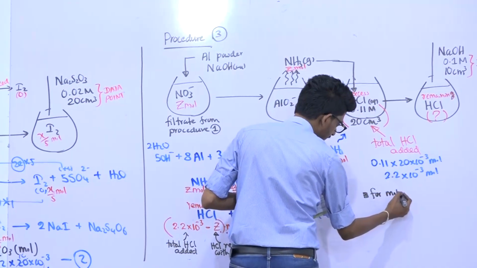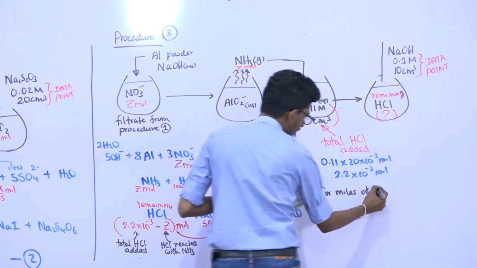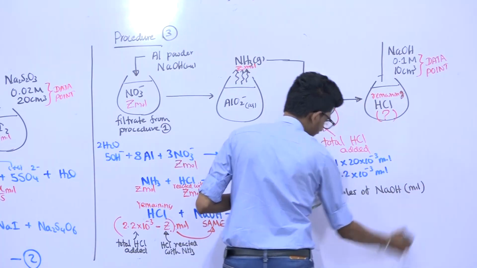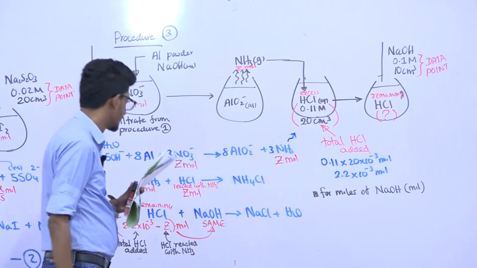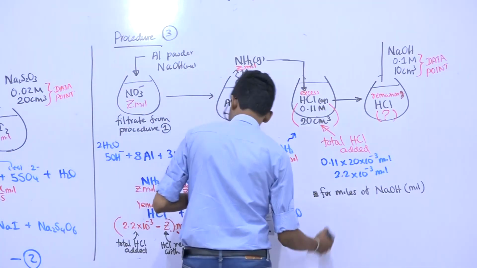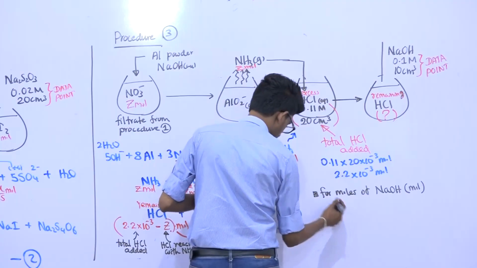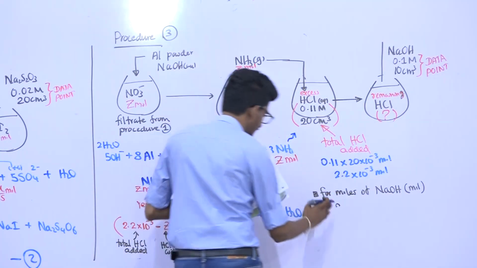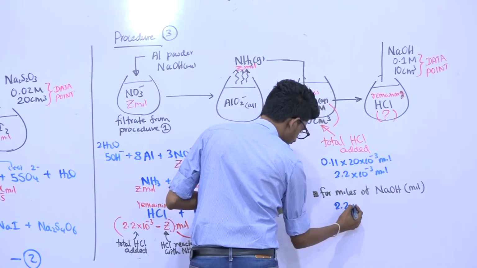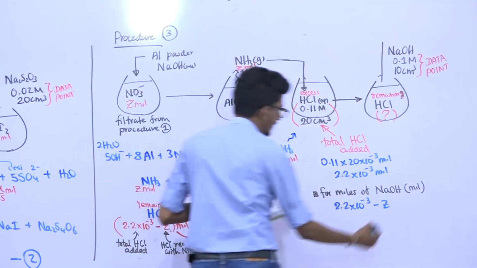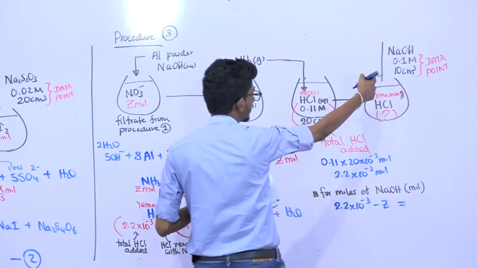For moles of NaOH. Right? So this is in terms of Z, right? In terms of Z, the value is 2.2 into 10 to the minus 3 minus Z. It is equal to this CV data, right?